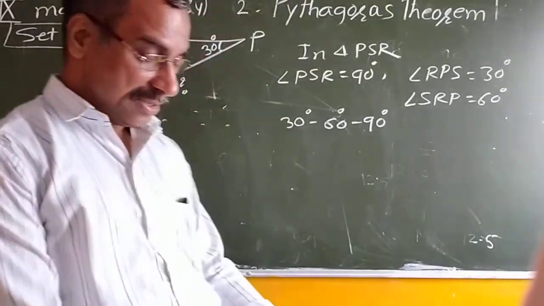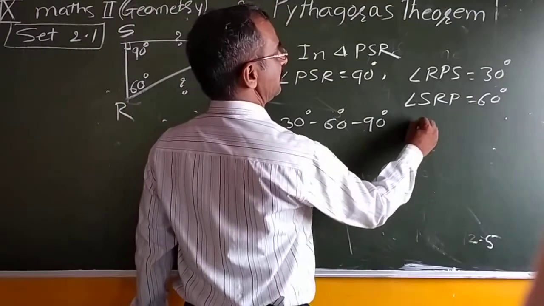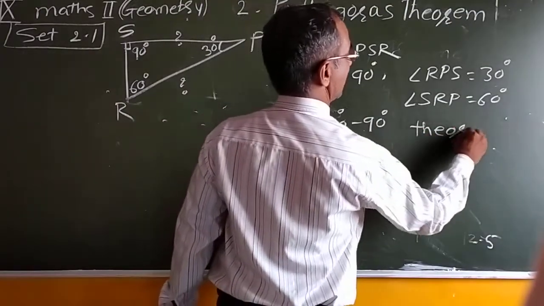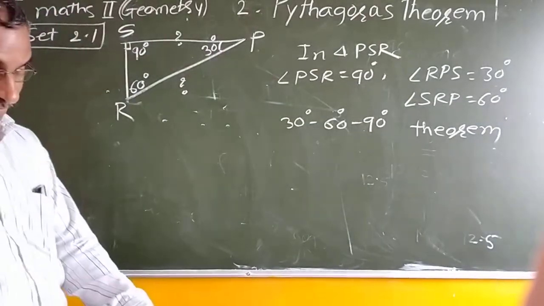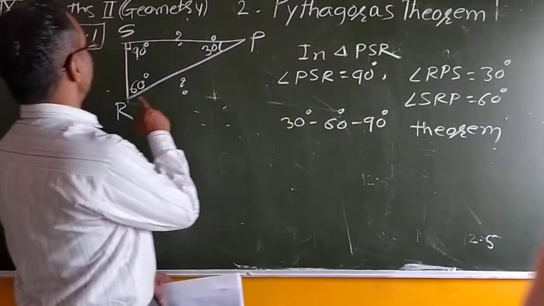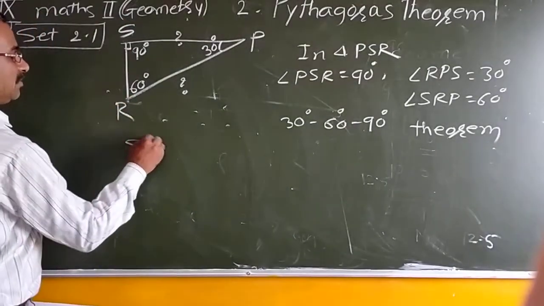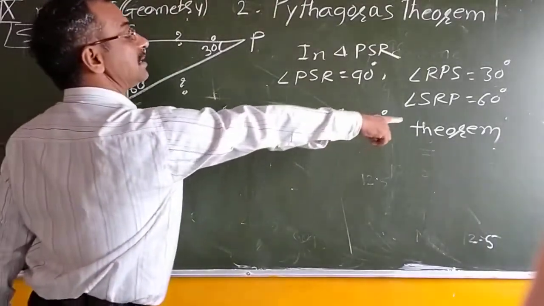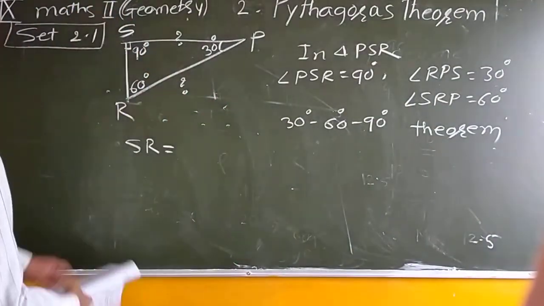So by using the 30, 60, 90 degree theorem, we are finding the value of SR. What does that theorem tell?